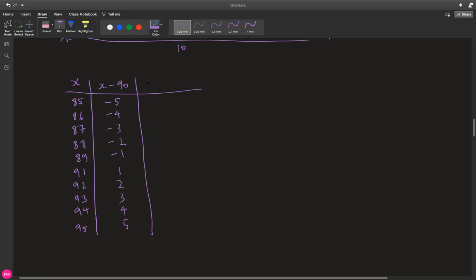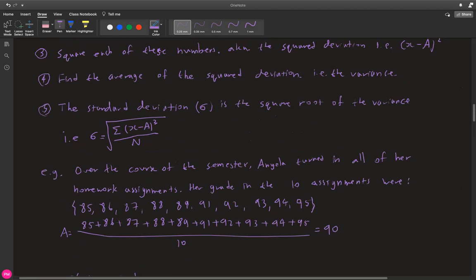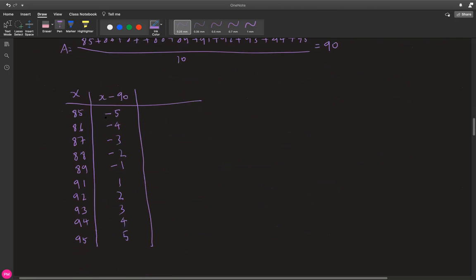Now for the next column, let's find the square deviation. So that's the third step, is to square each of these numbers. You are simply taking each of these numbers from the second column and squaring it.